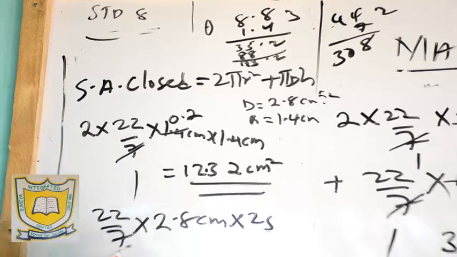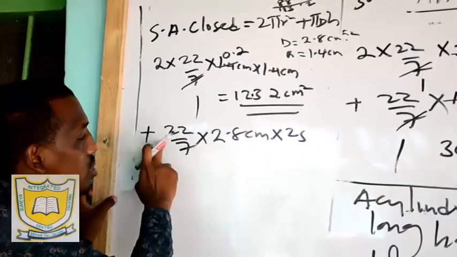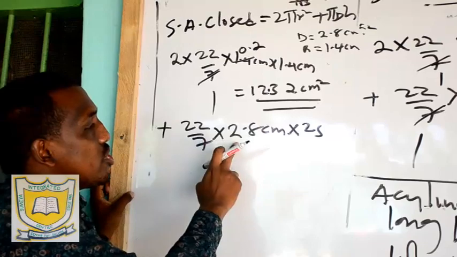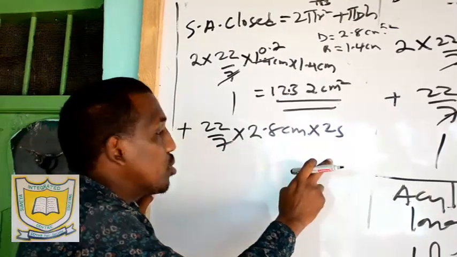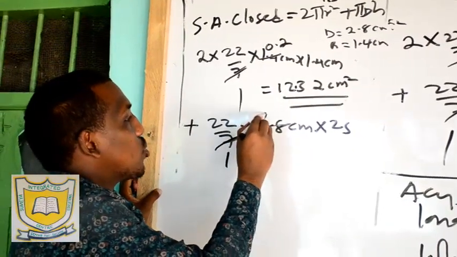So plus πdh: 22/7 times diameter 2.8 times 25.